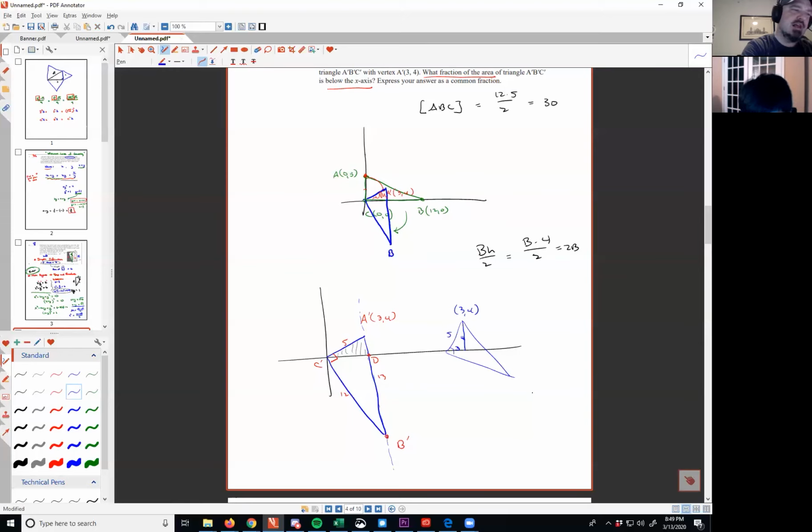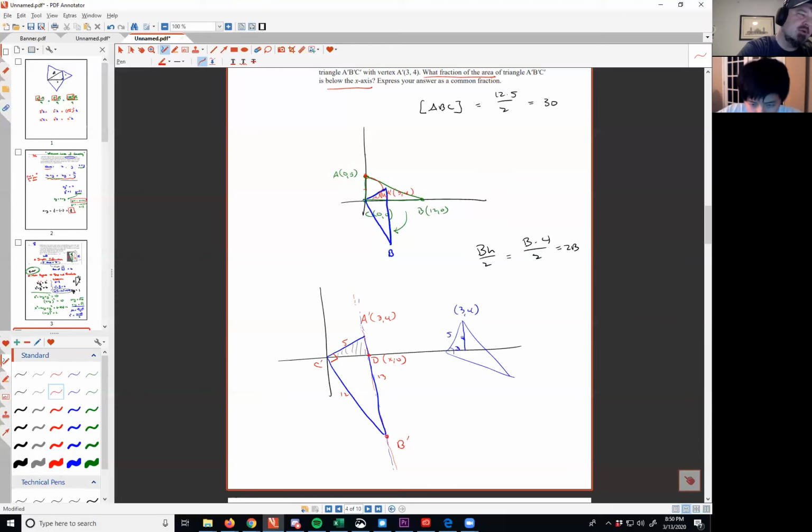So we've got this line, A prime, B prime. The hypotenuse is on that line. If we understood that line, we could find D pretty easily. I'm just going to call its coordinates x0.